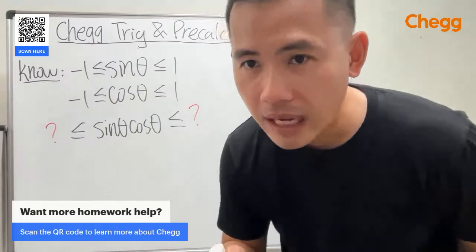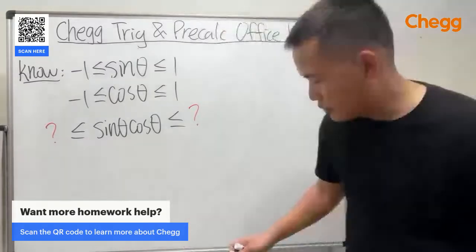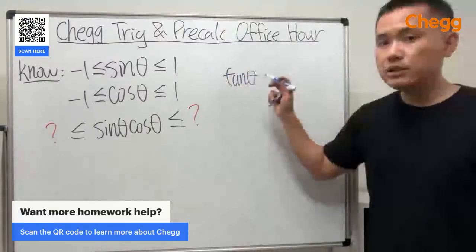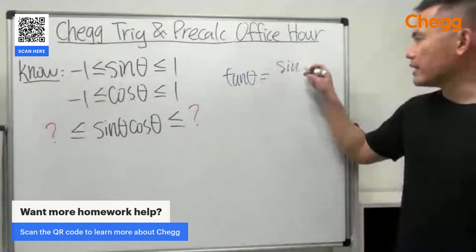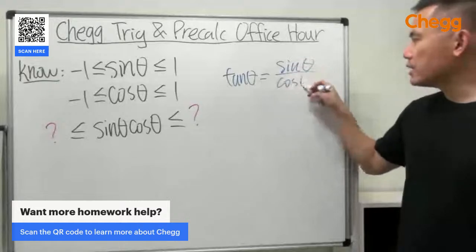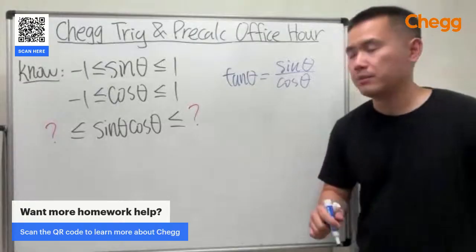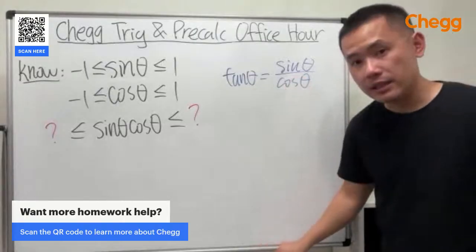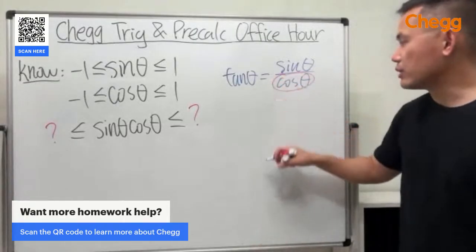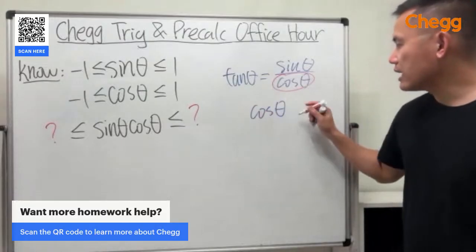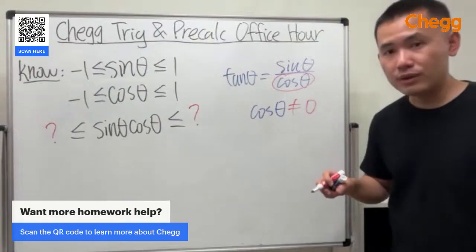How do you get the domain for tangent theta? Well, remember, tangent theta is the same as sine theta over cosine theta. So the idea is that we have a fraction, we have an expression on the bottom. That means we have to make sure the expression on the bottom is not equal to 0. So the domain is that we will have to say cosine theta cannot be equal to 0.